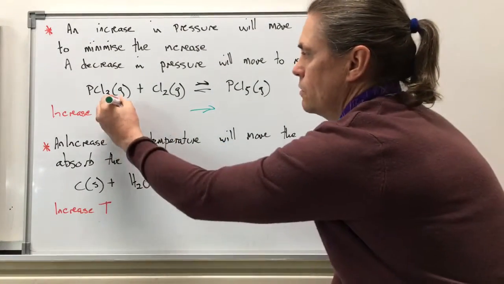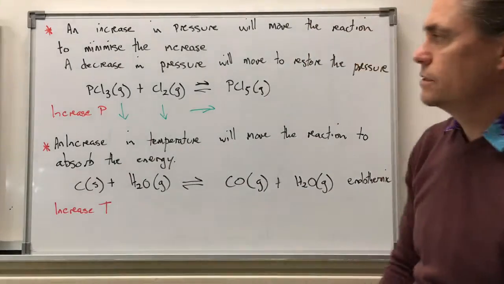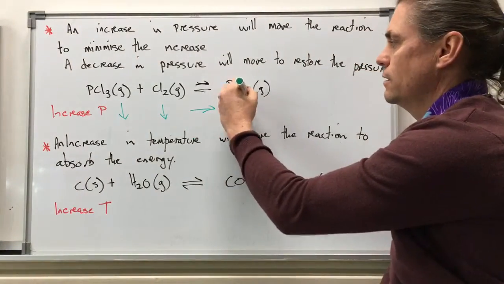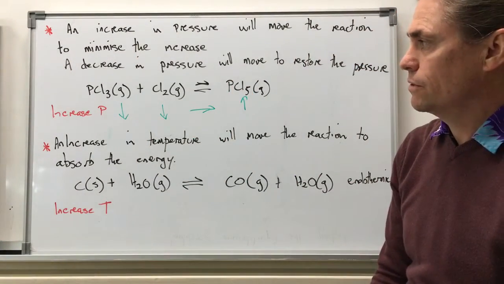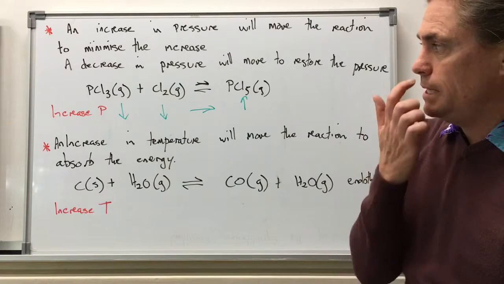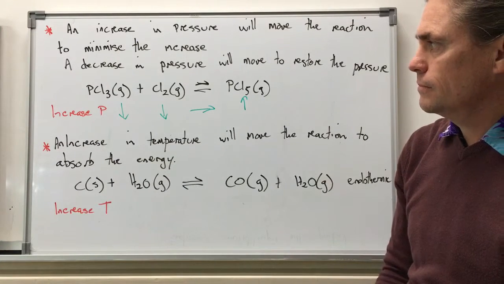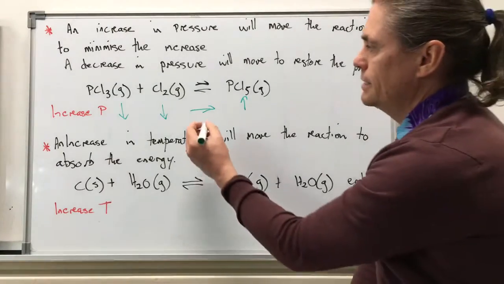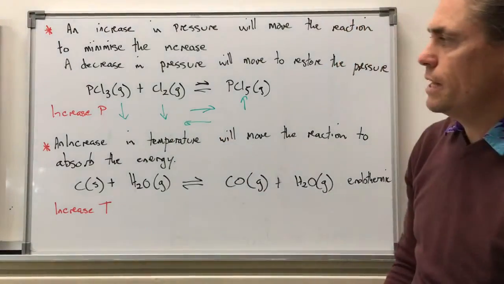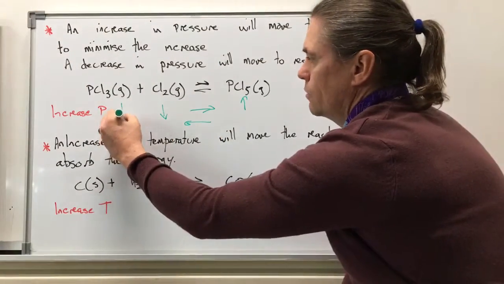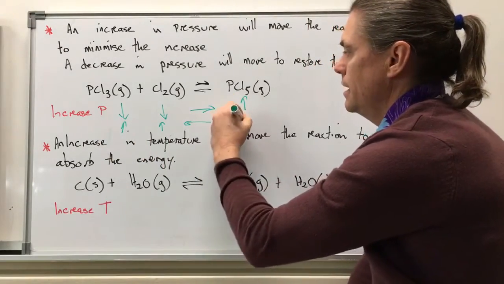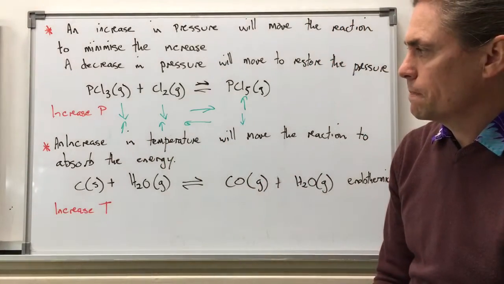So what we'll find is the concentrations of both of our reactants will decrease, and the concentration of our product will increase. If we were to decrease the pressure in the system, the system will try to restore that pressure, so we'll get an increase in our reactants and a decrease in our products.